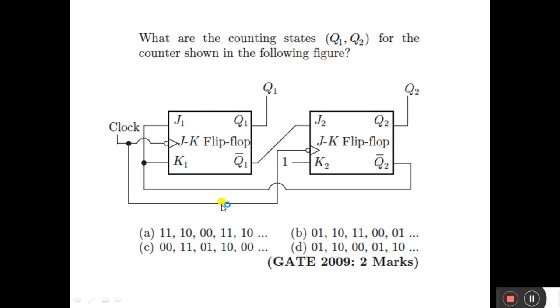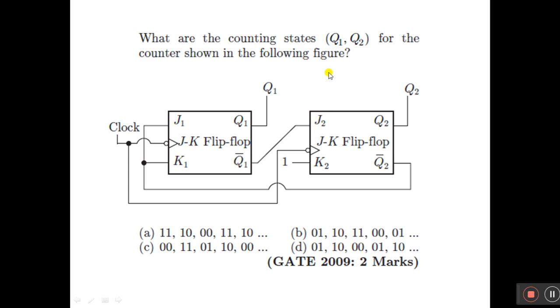So this problem, simple one, but takes some more time to solve. What are the counting states Q1, Q2 for the counter shown in the following figure? Here JK flip flop given, J1, K1 connected together, connected to Q2 bar, and output of Q1 bar connected to J2.